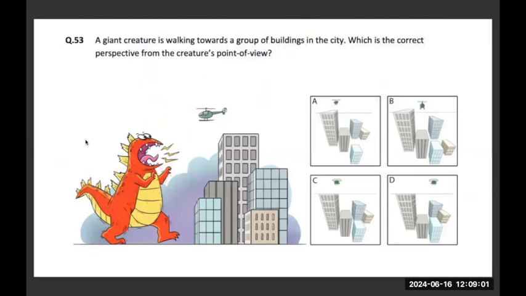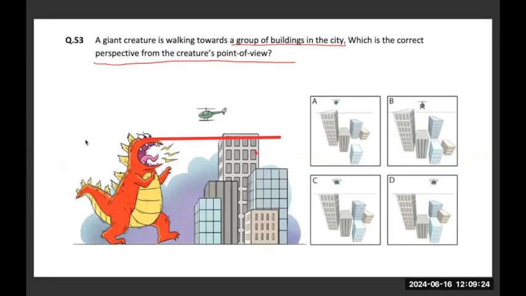A giant creature is walking towards a group of buildings in the city. Which is a correct perspective from the creature's point of view? In this case, now if I draw the eye level of the creature, it will come somewhere here. This eye level is actually aligned with the top of this gray building, which is bigger.